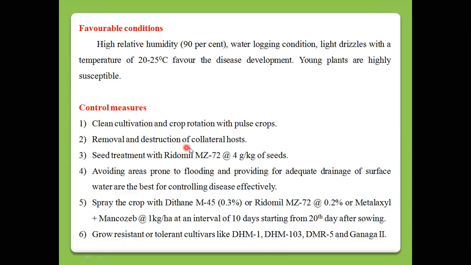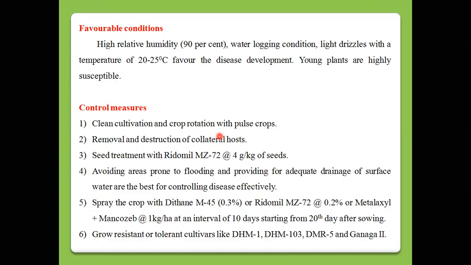Then removal and destruction of collateral hosts. For example, Sorghum bicolor and Sorghum halepense. These collateral hosts allow survival of the spores in the absence of the maize crop.